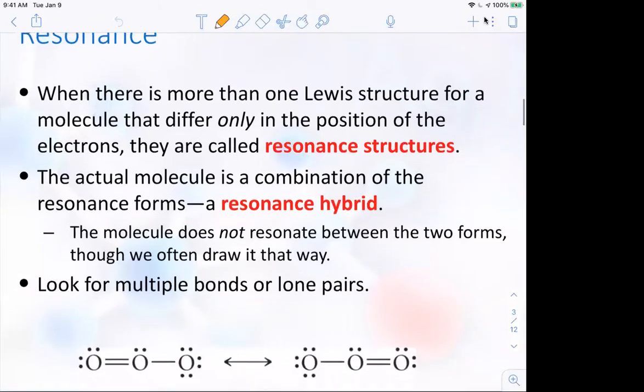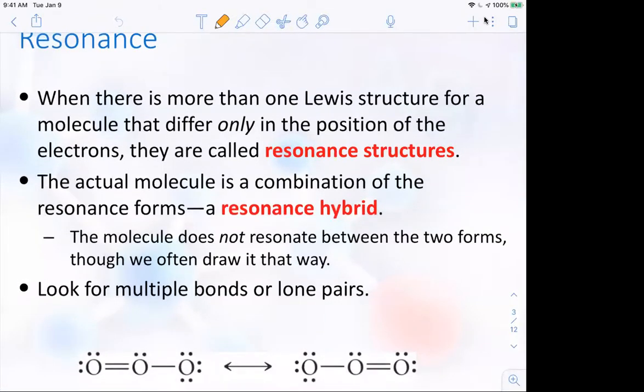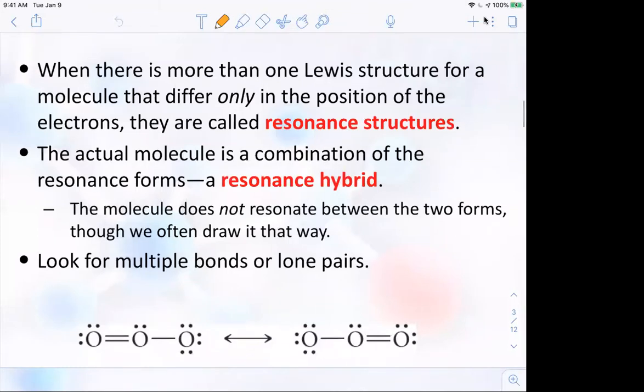When I can draw more than one Lewis structure for a molecule that differ only in the positions of the electrons, they are called resonance structures. The actual molecule in nature is a combination of the resonance forms, and that combination is called a resonance hybrid. The molecule does not resonate between the two forms, although we often draw it this way.